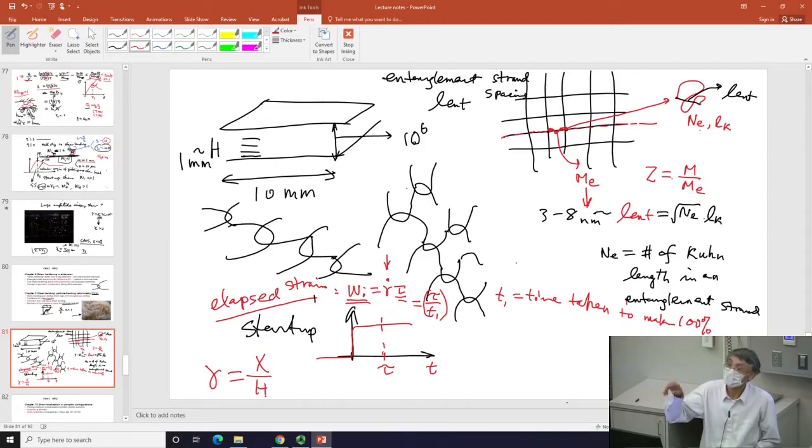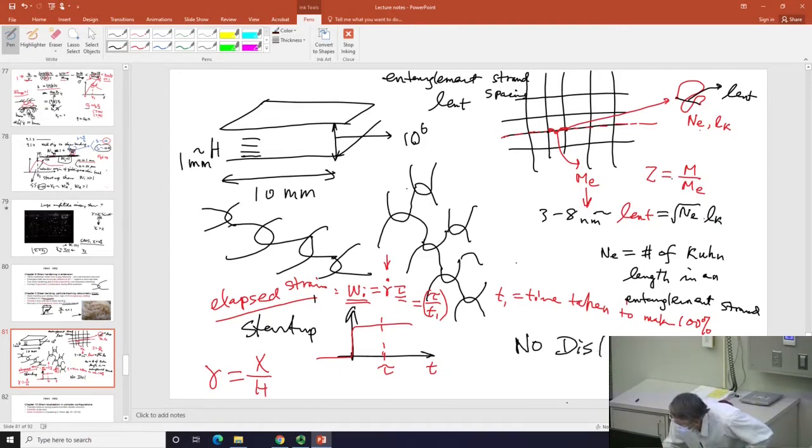Provided there is no disentanglement, the chain will remain hooked. And that's hard to imagine. How can they remain hooked after you stretch it 10 times, meaning Wi equals 10? And by the time of tau, it would have done 10 times.